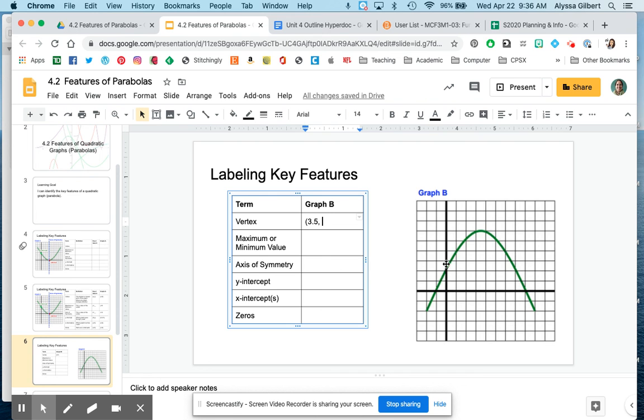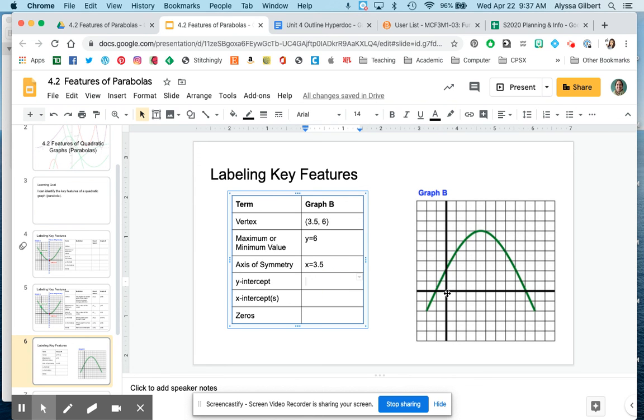Then 1, 2, 3, 4, 5, 6. So our point is 3.5 and 6. Okay, remember your maximum or minimum value is just the y value of your vertex. So y equals 6. Axis of symmetry is just the x value of your vertex. So x equals 3.5.